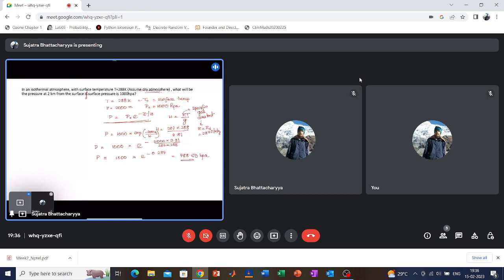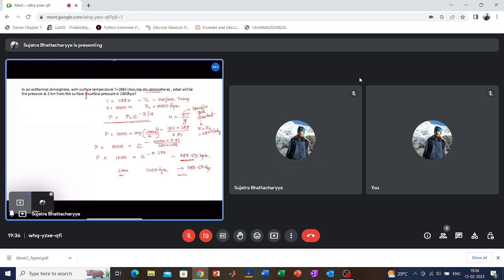So you can see that from the surface, if you go up to a height of 2 kilometers, the pressure decreases from 1000 hectopascals to 788.69 hectopascals. Fine. So this is the solution.